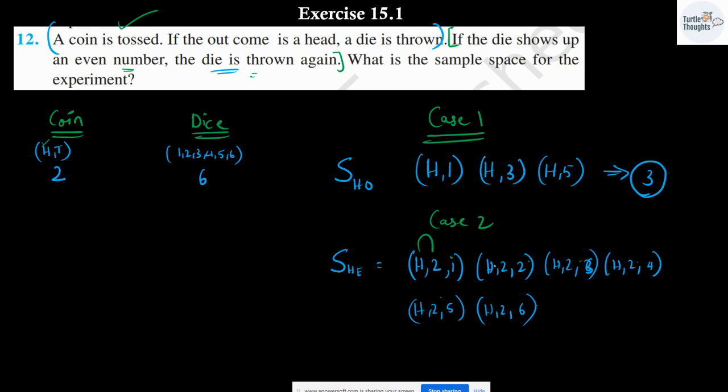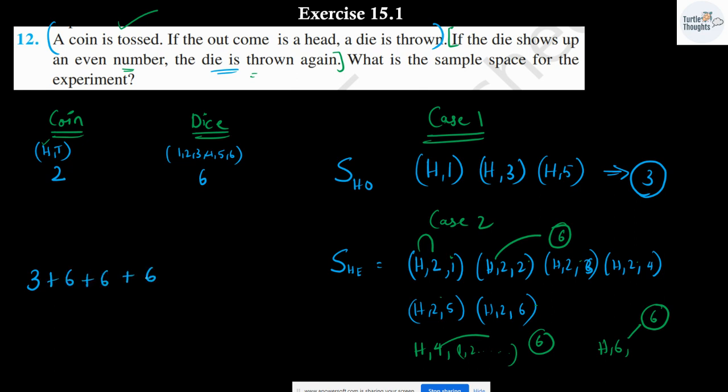Similarly, you can get a head, a 4, and any of the 6 numbers. So here we have 6 possible outcomes for each, for 4 also 6 possible outcomes, and for 6 also 6 possible outcomes. So totally I can write this as 3 plus 6 plus 6 plus 6.